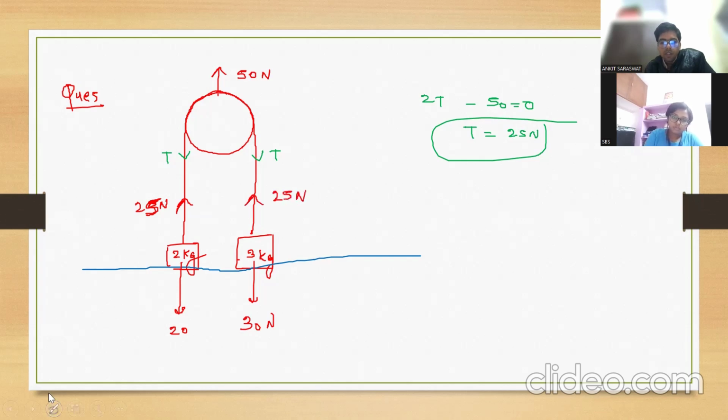Now tell me, in this case, according to you, which block has acceleration? This block or this block? If I say acceleration of the 2 kg block is A1, and acceleration of the 3 kg block is A2, in magnitude, then which is 0 and which is not? 2 kg block is 0. 3 kg block is not.